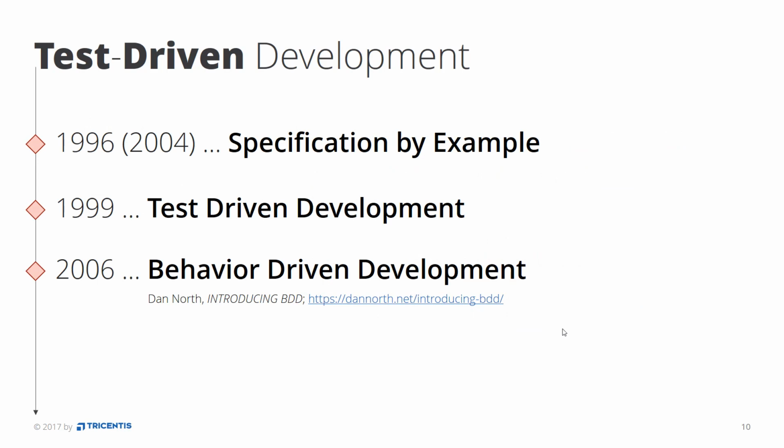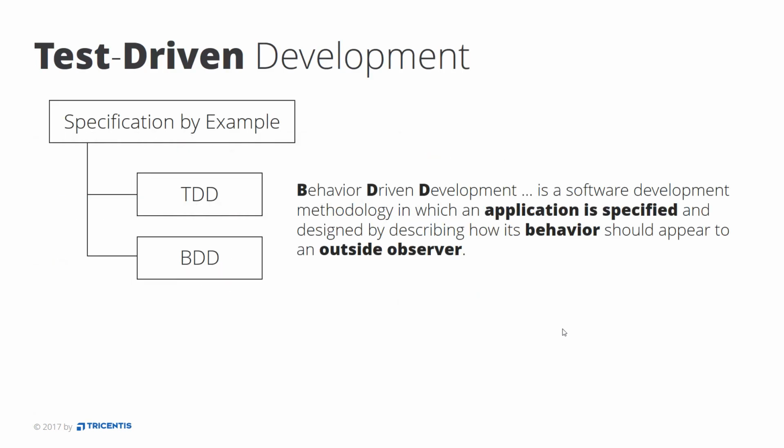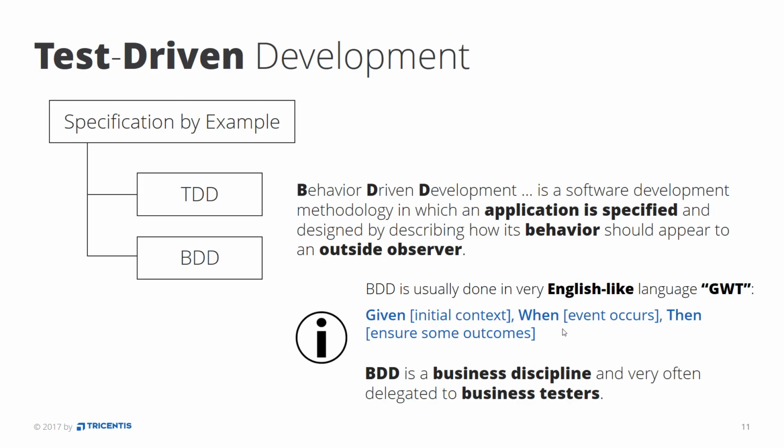If we go to behavior-driven development, this is a software development methodology in which an application is specified and designed by describing how its behavior should appear to an outside observer. It's not a testing discipline, it's more like a programming language in real English.